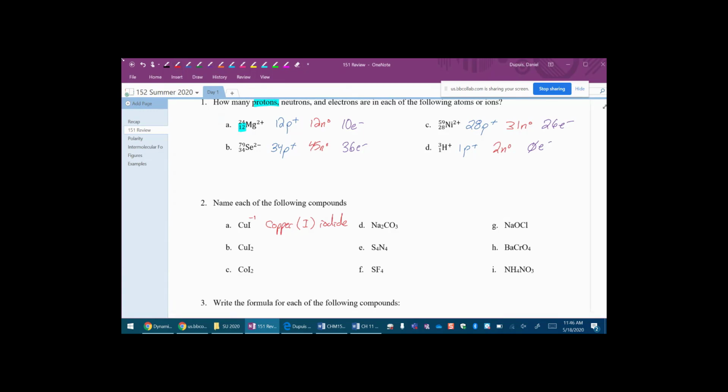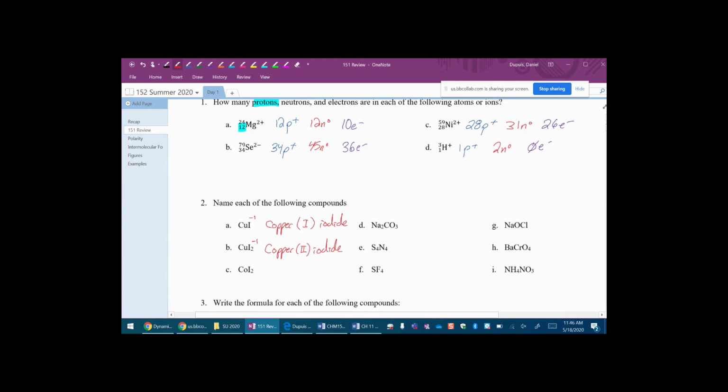Copper 1 iodine. All right. Copper for B, ionic compound, metal, non-metal. Iodine is -1. So that means if I uncross the charges, I have to have copper 2 iodine.